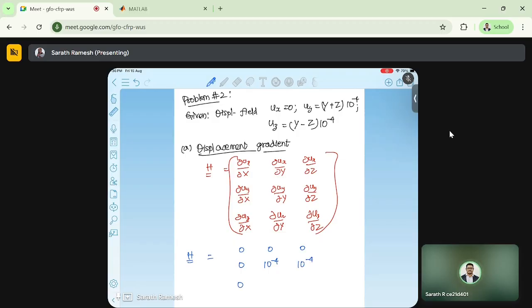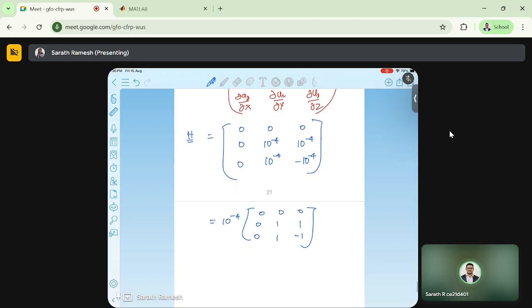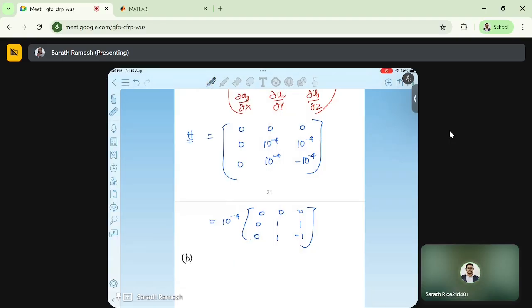For uz, this is 0, this is 10 power minus 4, this is minus 10 power minus 4. Simply, we can write 10 power minus 4 outside, so it will be 0, 0, 0; 0, 1, 1; 0, 1, minus 1. Fine. So this is the H matrix for us. Now, the second question asks us to find the deformation gradient.